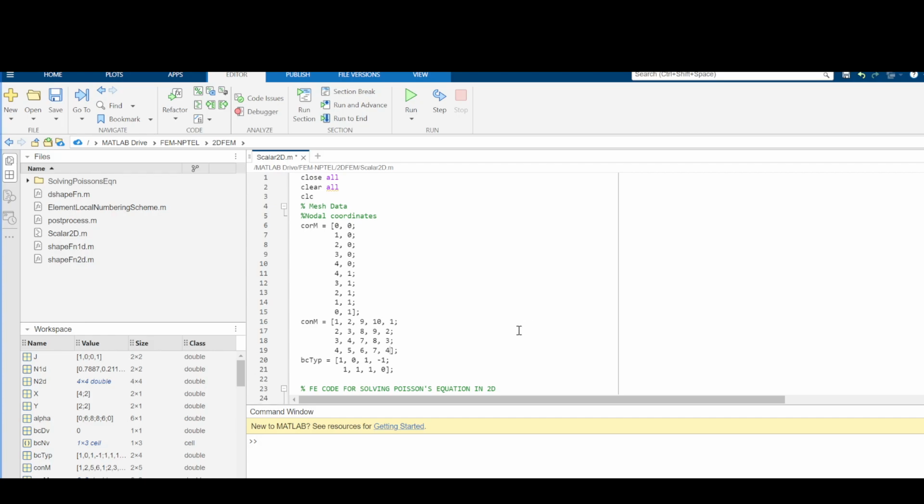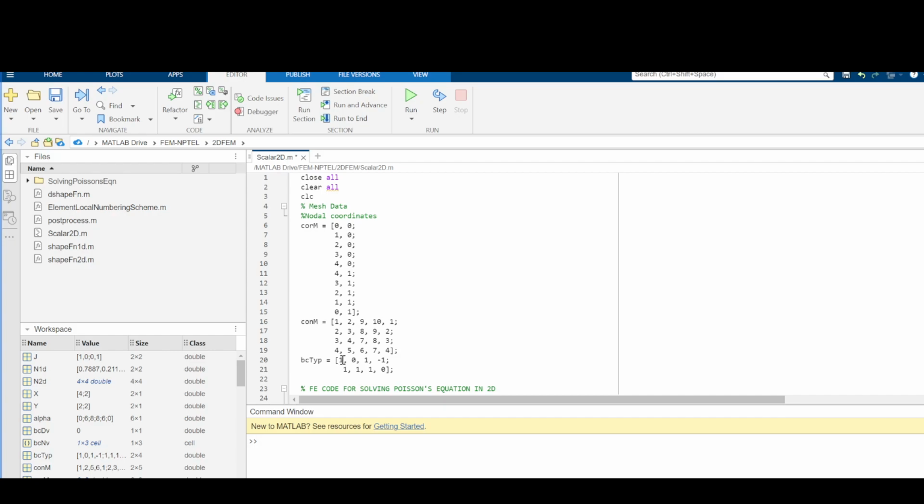And what are the boundary conditions? As we had seen before, we define the boundary condition for each element.